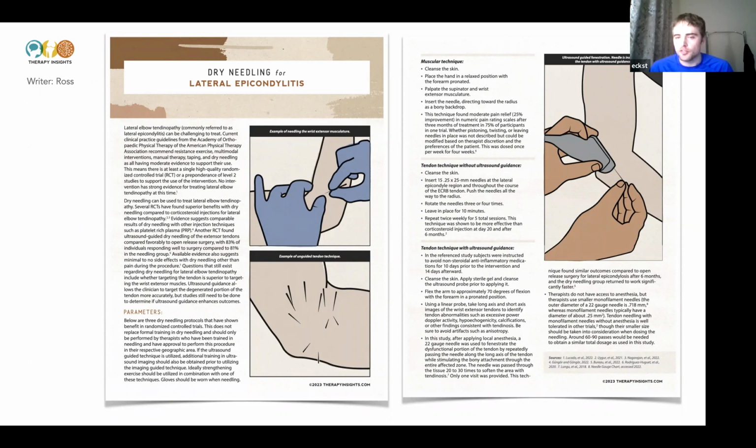There was a 25% improvement in 3/4 of people after treatment. And so it outlines how to needle the supinator and the common extensors for that. And then it talks about one study that used tendon technique. It talks about the dosage that was used in one trial.